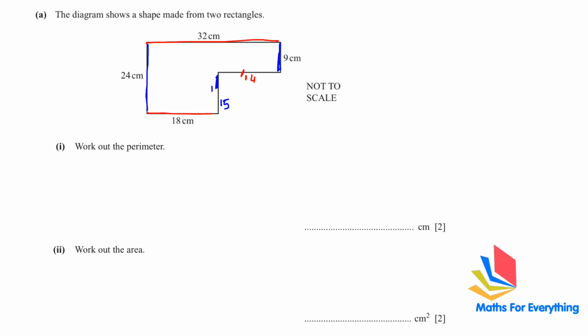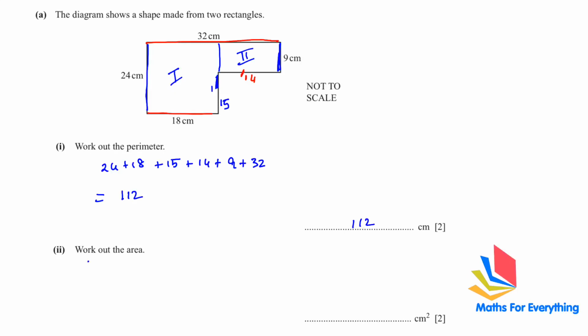Now we just have to add everything together. 24 plus 18 plus 15 plus 14 plus 9 plus 32. This will give us 112 centimeter. So our perimeter is 112 centimeter. To find the area, we will divide the shape into two parts, area 1 and area 2.